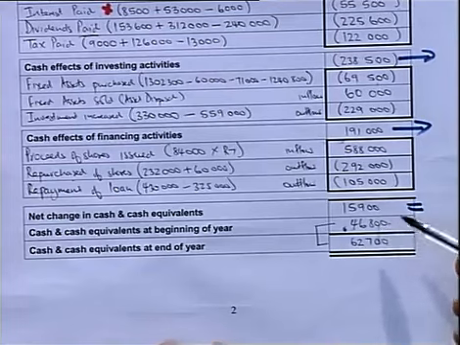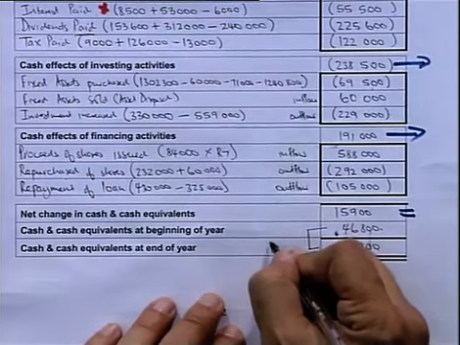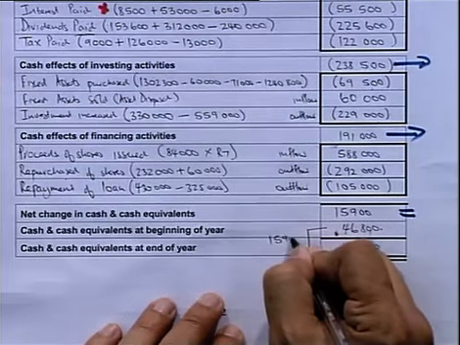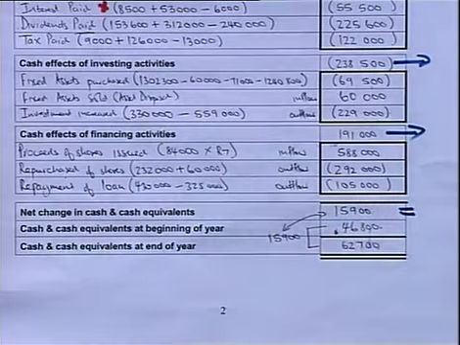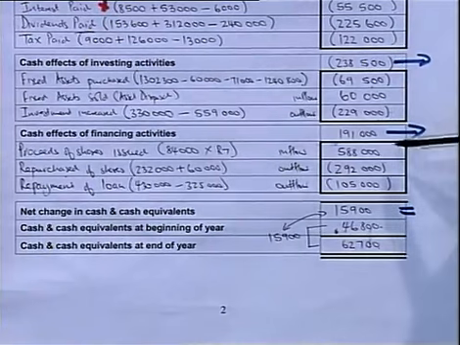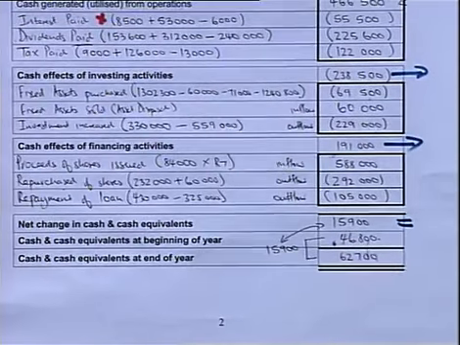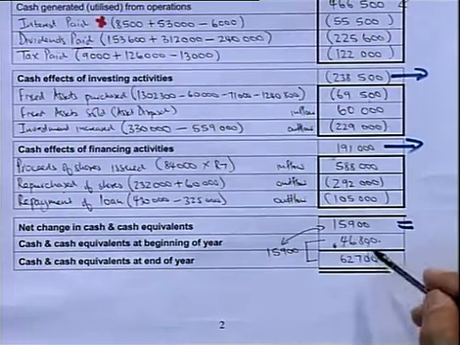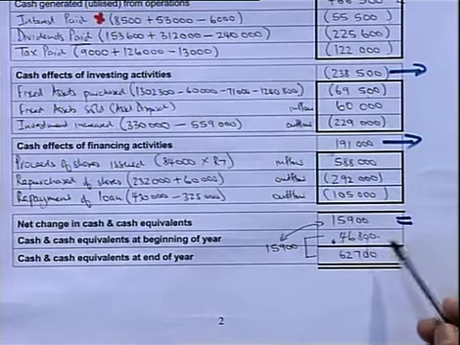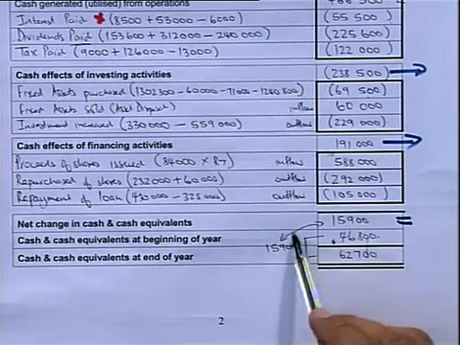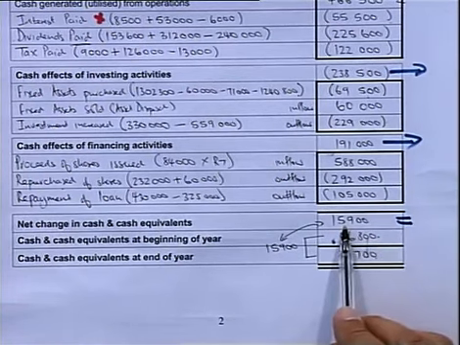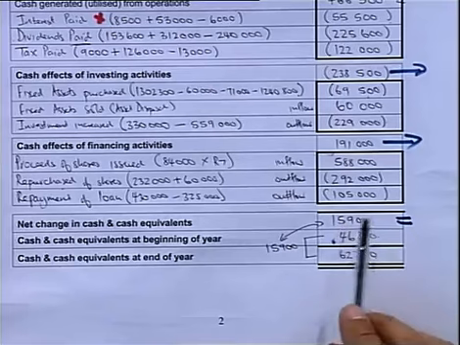So there's an increase in cash of 15,900, which is exactly the same as the sum of those three blocks of the financing, investing, and operating activities.